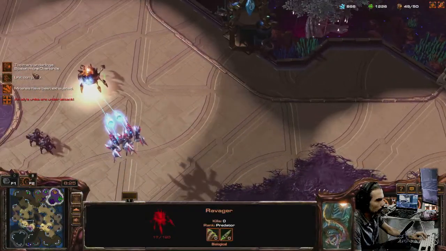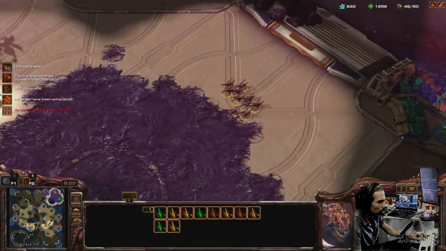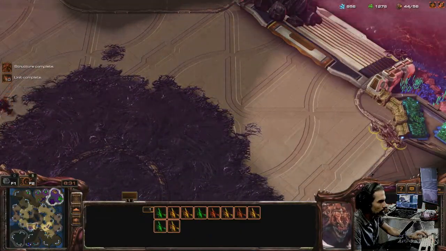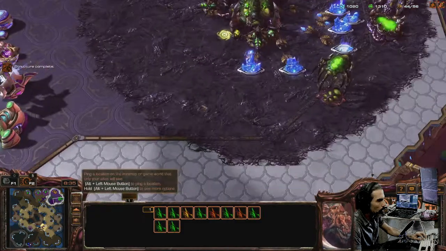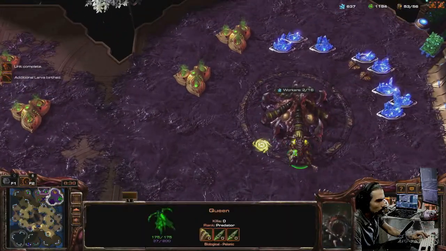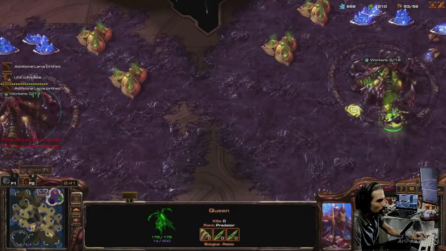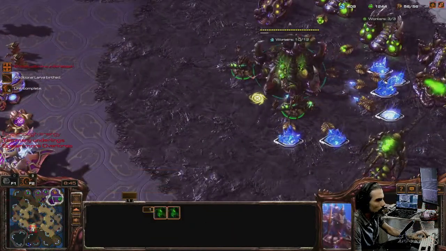Spawn more overlords. Not enough energy. Our allies are in combat.